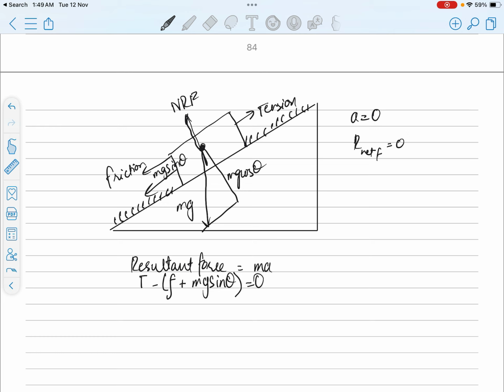The resultant force is 0 because friction and mg sine theta and tension balance, so it is not moving the block. T minus F minus mg sine theta is equal to 0. T, the forward force, equals F plus mg sine of theta.